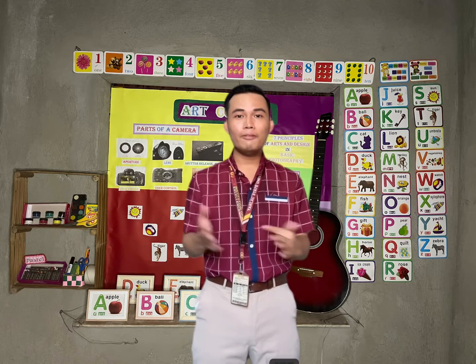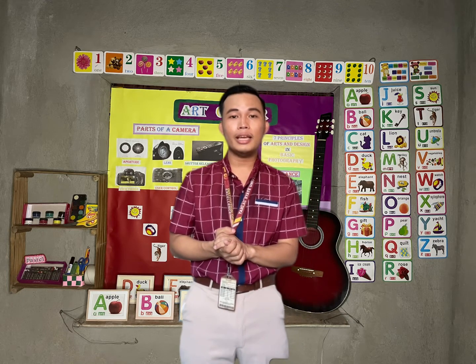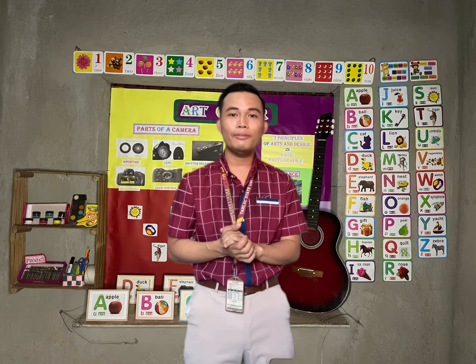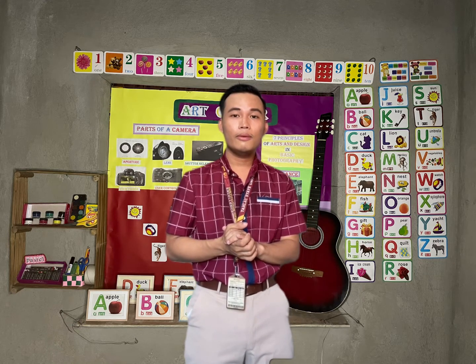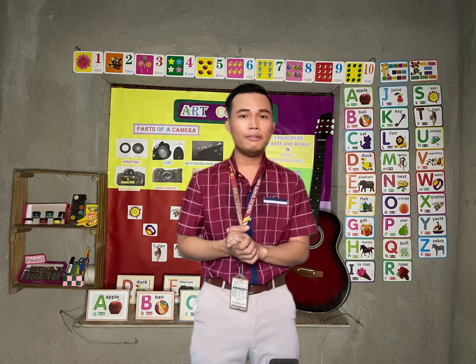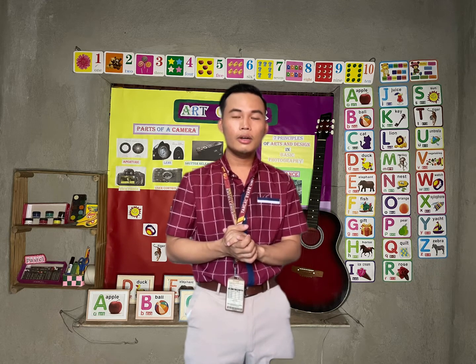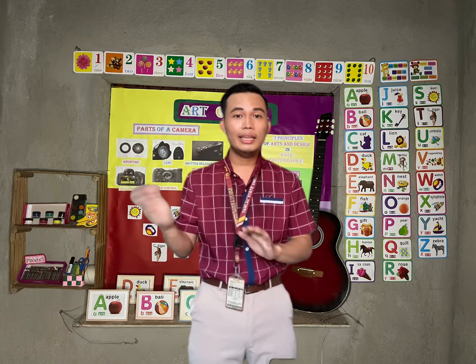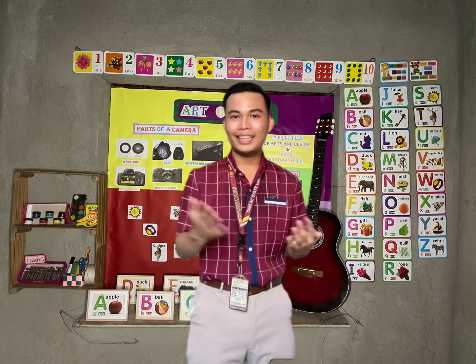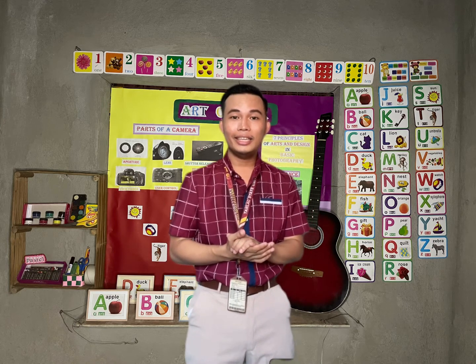Okay, I have questions for you before proceeding to the other parts of the camera. Just raise your virtual hand if you want to answer. First question, it is normally on the top right-hand side of the camera. Okay, Dea Cruz, what is the answer? That's right, it is the shutter release button.